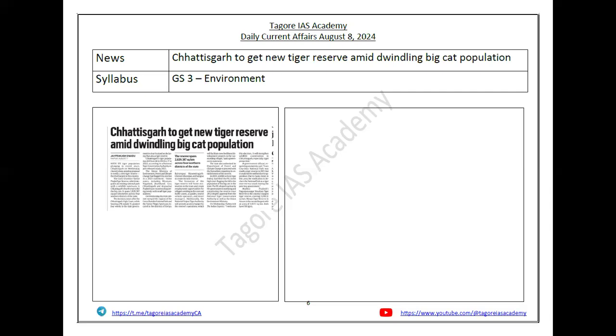For today we are discussing just the name. Whenever it is declared, we'll cover how it is declared and what changes are brought to the law. Can the central government also declare it, which incidentally it now can. Anyways, just for the name, Guru Ghasidas Timor Pingla Wildlife Sanctuary is now being converted into a tiger reserve.